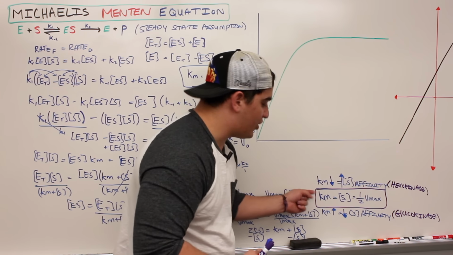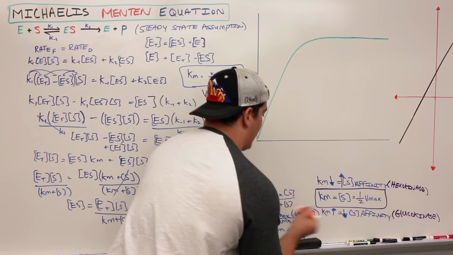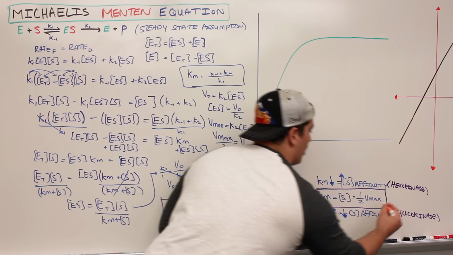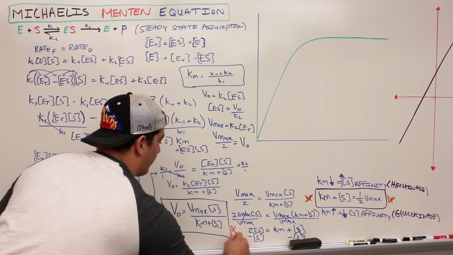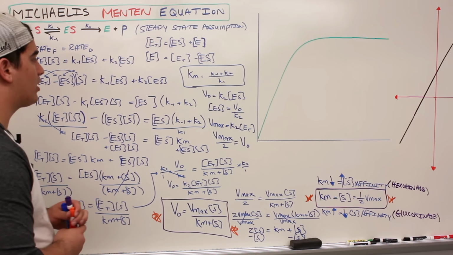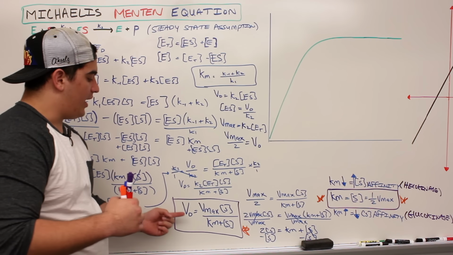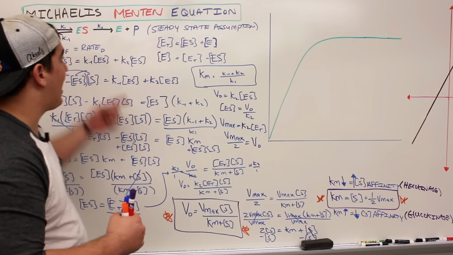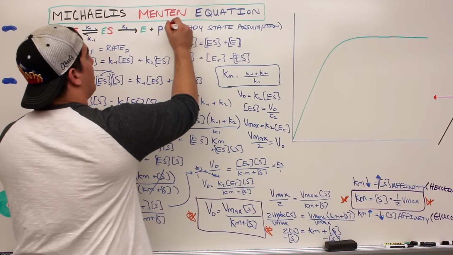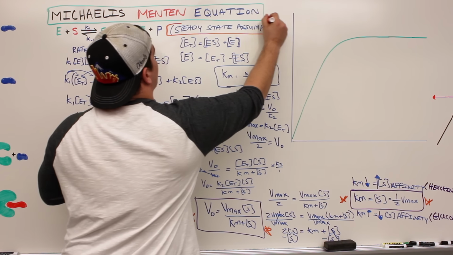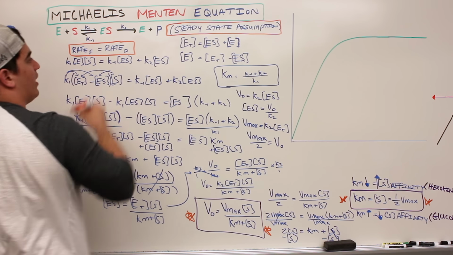So this formula is super critical for our understanding of enzyme kinetics. This one right here, as well as this one right here. Okay? So out of everything that we talked about here, the big concepts that you should grasp are the Michaelis-Menten equation, understanding how we derived it from the steady state assumption, which is that the rate of formation is equal to the rate of dissociation.